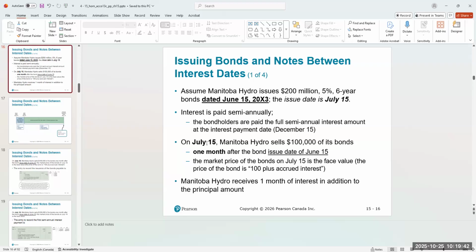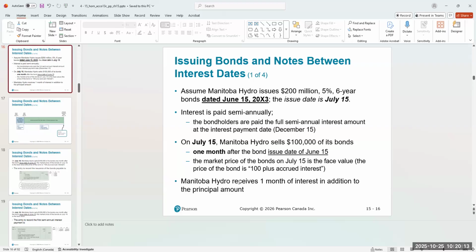Now, on July 15th, this company sells $100,000 bonds only, 1 month after the bonds were dated. So July 15th is 1 month. The bond is dated June 15th, but now we're selling the bonds on July 15th. That means that we still have to pay for 6 months, but we owe the money only for 5.